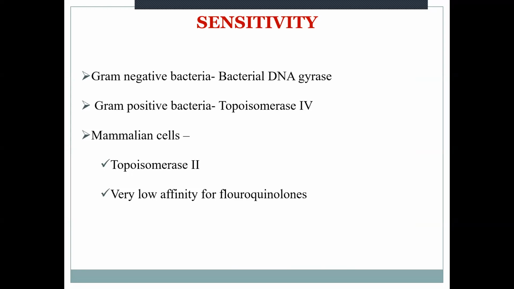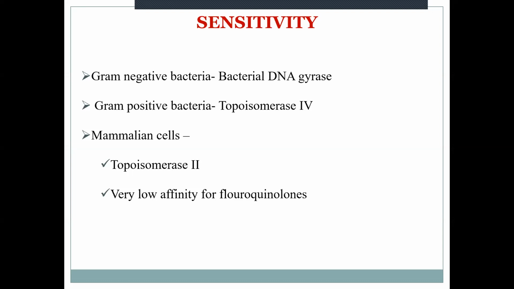In mammals, that means in humans, the enzyme present is called topoisomerase 2, which has a different structure than topoisomerase 4 as well as DNA gyrase. That's why binding to site A and disturbing the cutting and resealing function is not applicable in humans. Second, as I told you, an important aspect of the mechanism of action is that these drugs bind to DNA gyrase or topoisomerase 4 with very high affinity.